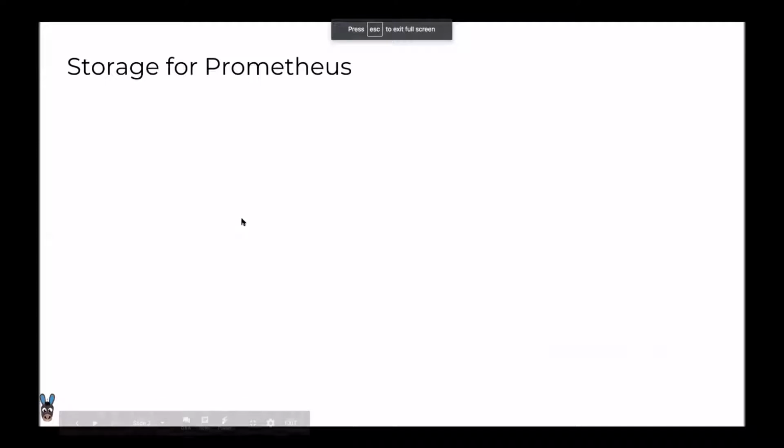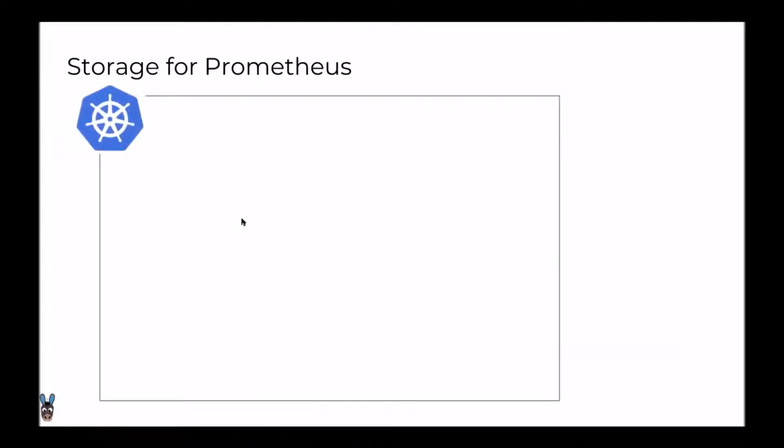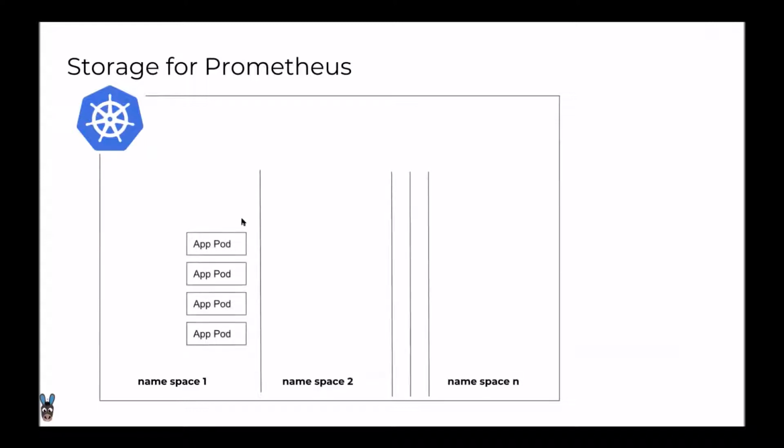So let's talk about storage for Prometheus, what the different types of storage are, and generally the philosophies behind it. Prometheus is a great monitoring tool, almost number one in the Kubernetes community. It has very large usage. The typical deployment of Prometheus is you have multiple namespaces in a typical cluster, and you have applications running.